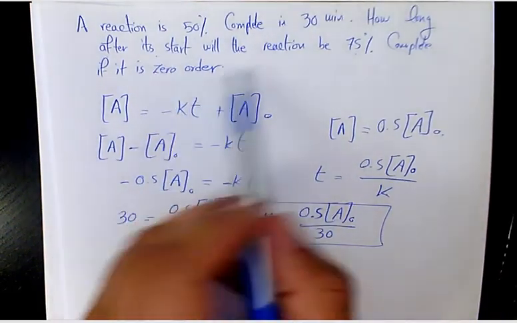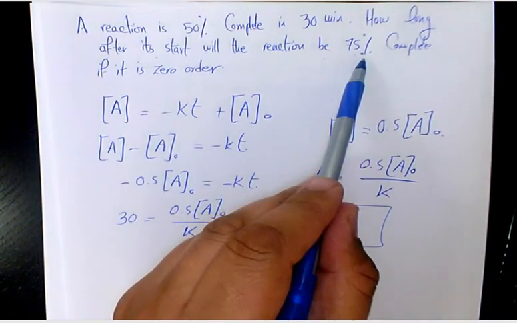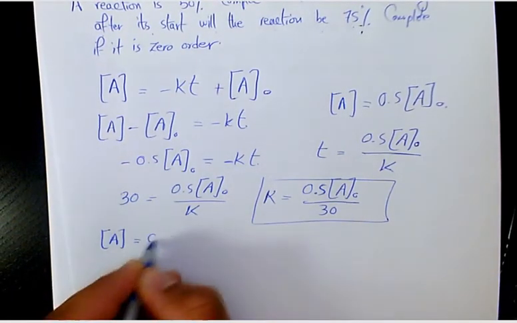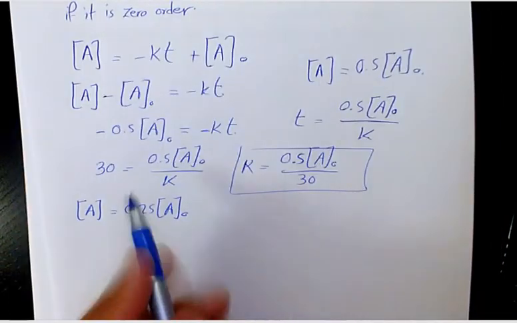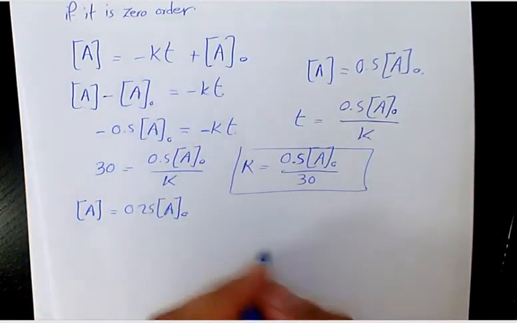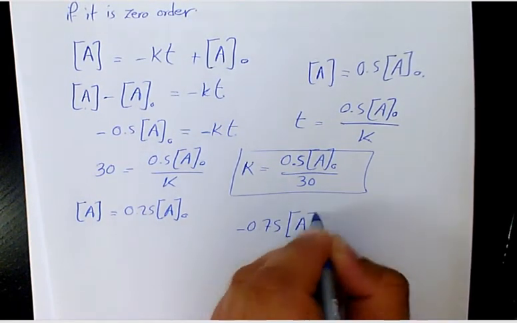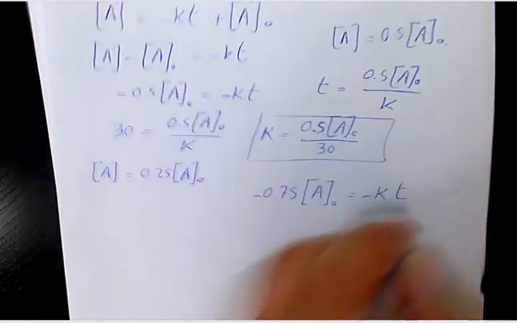Then it says, how long will it take to get 75% complete? It means that the final concentration equals 0.25. Only 25% is remaining. So A minus A naught in this case is going to be negative 0.75, equals negative kT.